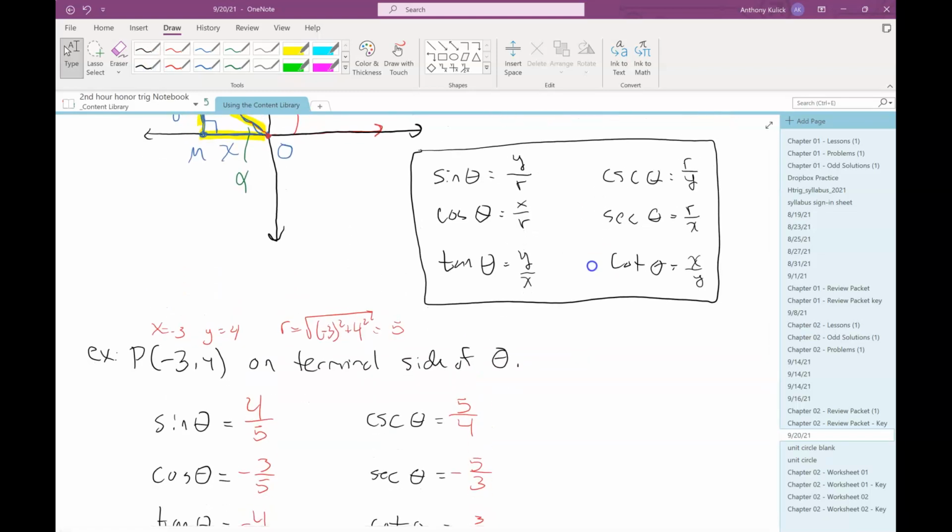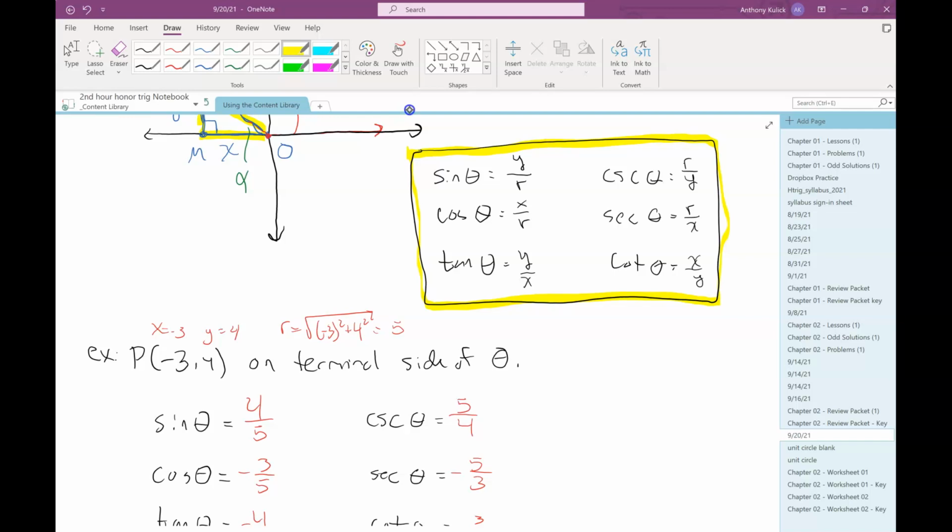So these definitions, that's something you'd want to have memorized, right? Now, is this any more difficult than SOHCAHTOA is?